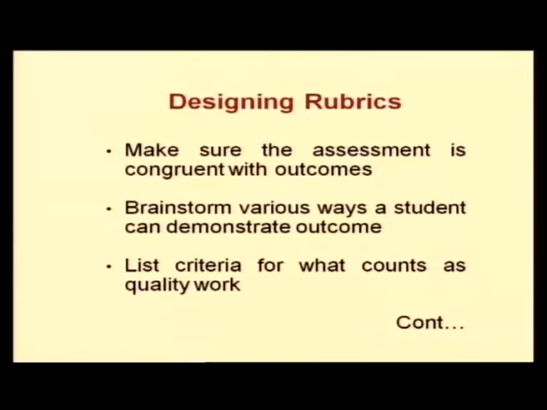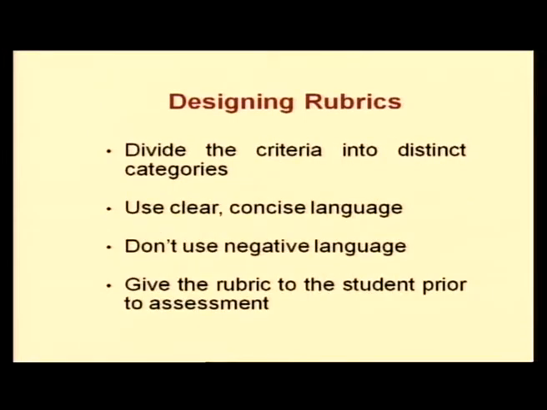So, how to design a rubric? Make sure that the assessment is congruent with the learning outcome, brainstorm various ways a student can demonstrate the outcome, list the criteria for what counts as quality work, and divide the criteria into distinct categories. Use clear, concise language, do not use negative language, and then give the rubric to the student prior to the assessment.